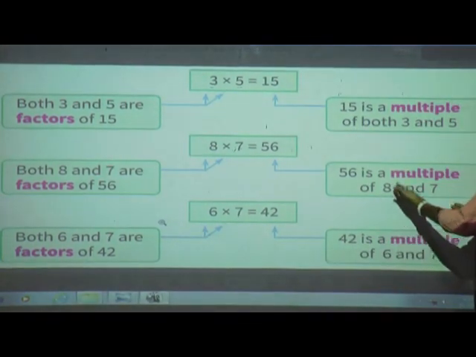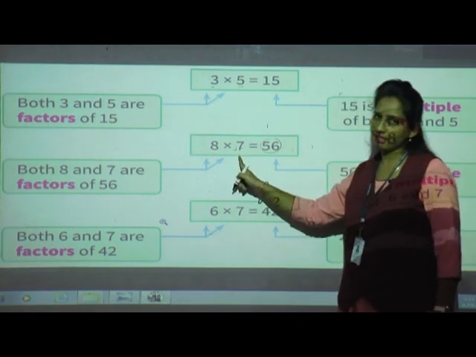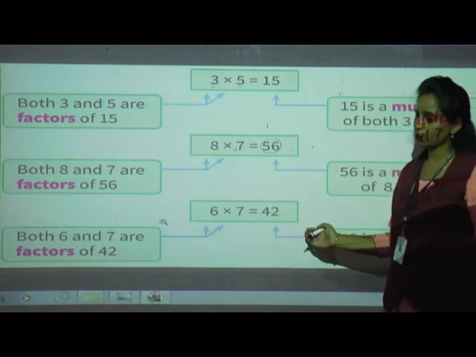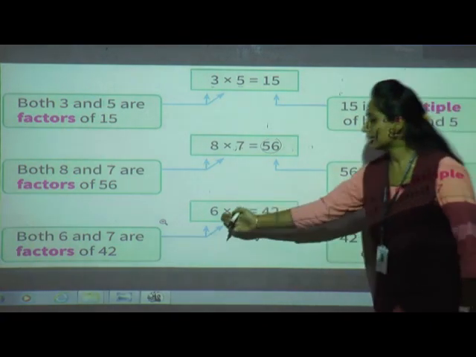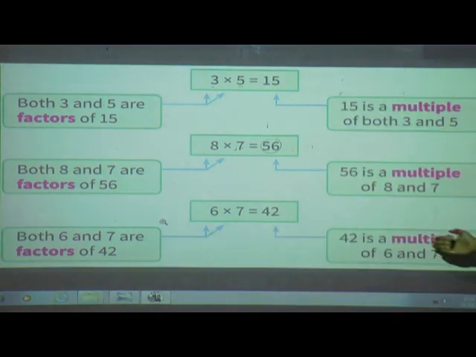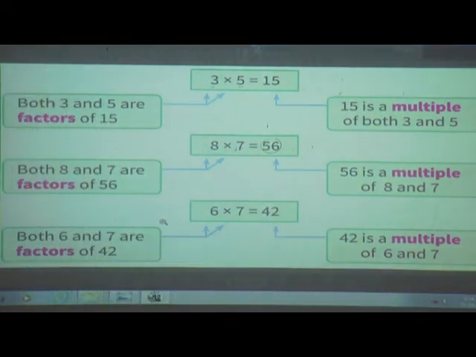At the same time, 56 is a multiple of 8 and 7. At the same time, 6 multiplied by 7 is equal to 42. So 6 and 7 are the factors of 42, and 42 is a multiple of 6 and 7. Are you getting, students? Yes.